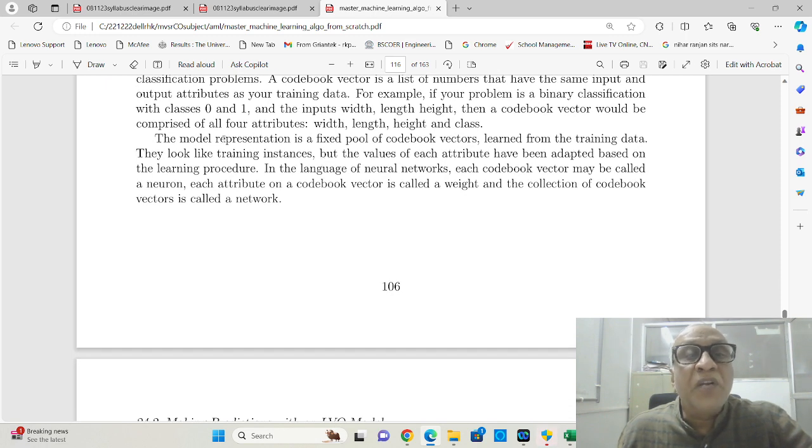So the model representation in LVQ consists of a fixed pool of codebook vectors. Now, in neural networks, these codebook vectors are called neurons. Each attribute on this codebook vector is called a weight, and the collection of codebook vectors is called a network.